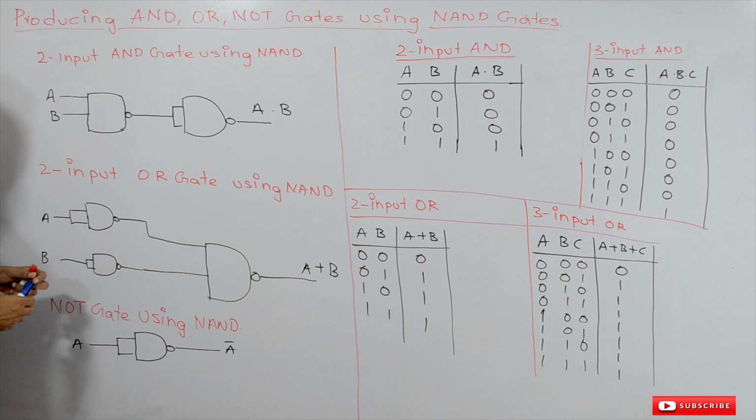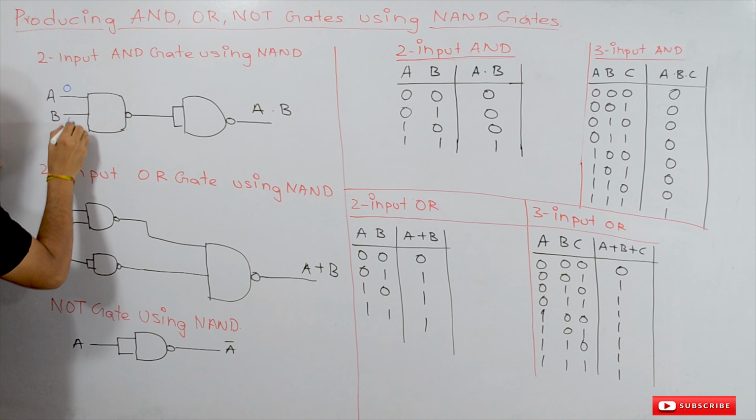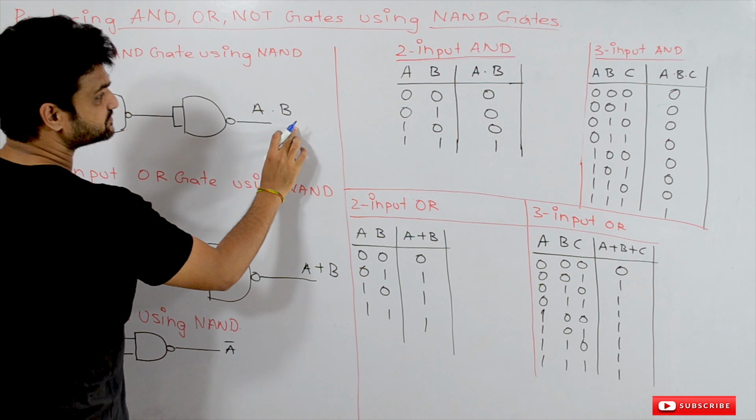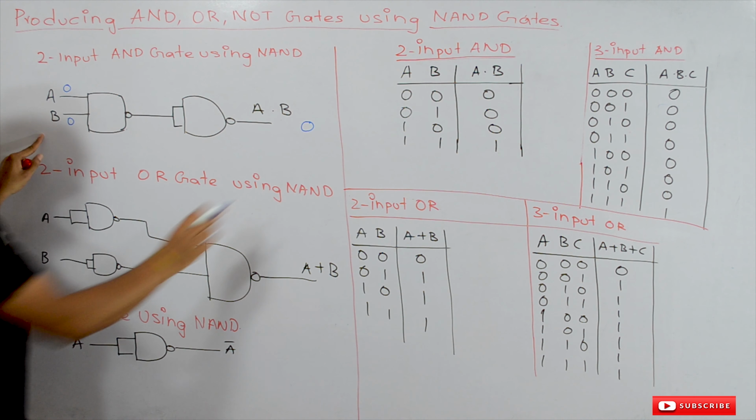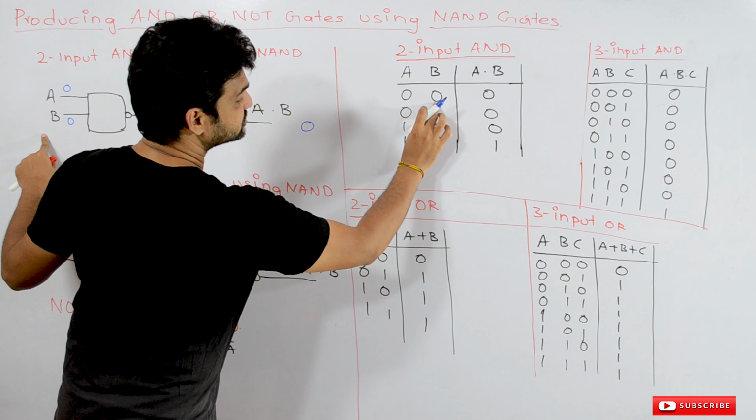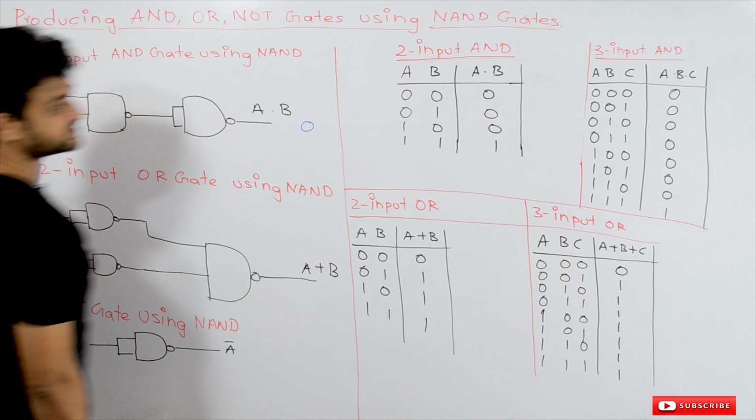Now we will check each and every combination of inputs. If you give 0 0, whether this NAND gate circuit is producing AB or not, that we will check. If you give 0 0 as the input, what is the expected output? For 0 0, the AND operation is going to produce a 0.